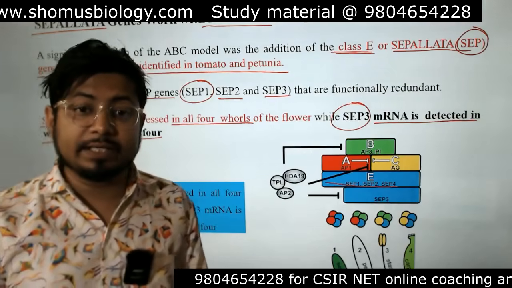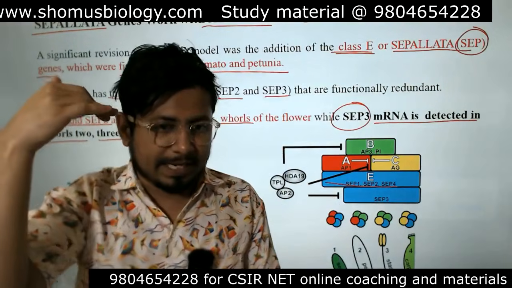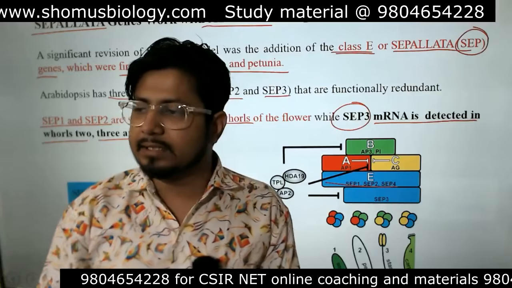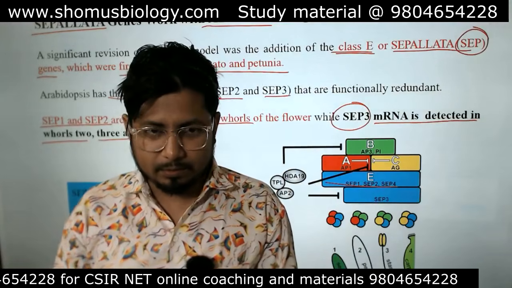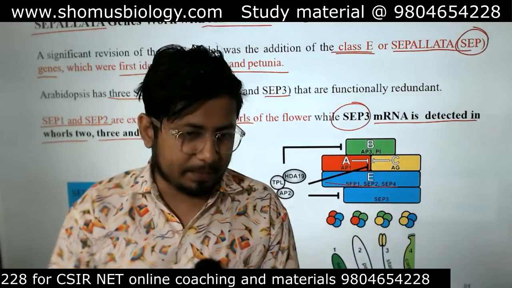So now what is the importance of sepalata here? SEP, what is the importance? We know that in the presence of class A, B, C genes in a plant, there will be formation of carpel, stamen, petal, sepal, all this. But it's important how they are positioned, right? Where each and different organ should be placed, right?